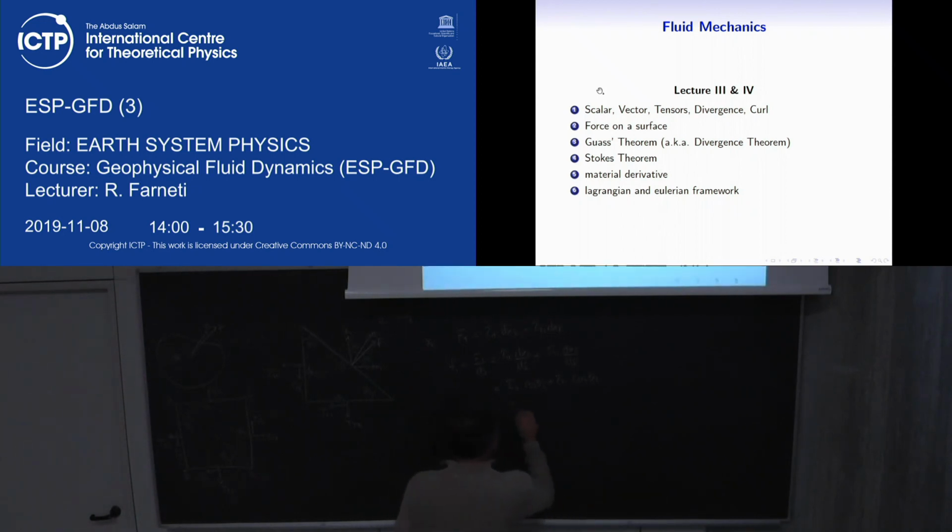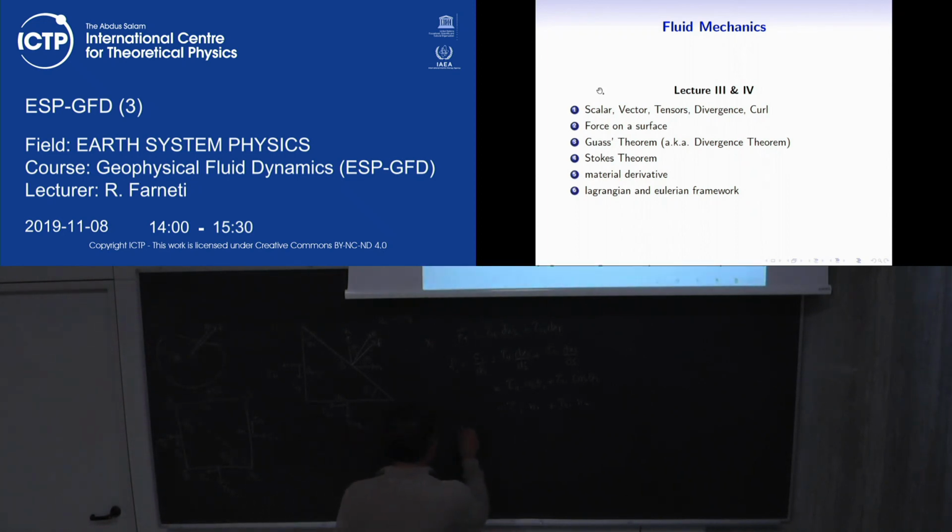And so this means that tau 1,1 n1 plus tau 2,1 n2. Okay, this n1 and this n2. So you can use the summation convention that we showed before.